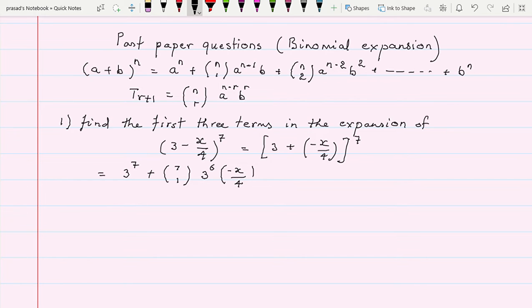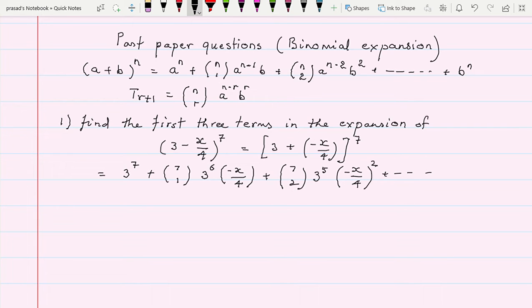Now tell me the next term. Yes, it is 7c2. What will be 3's power in this term? 3 to power 5. And negative x upon 4. What will be the power? 2 square. And so on.